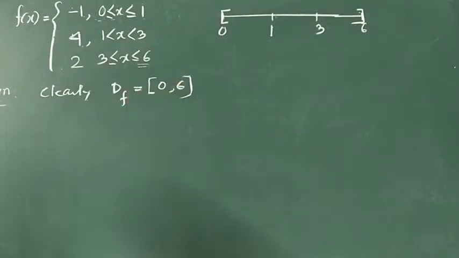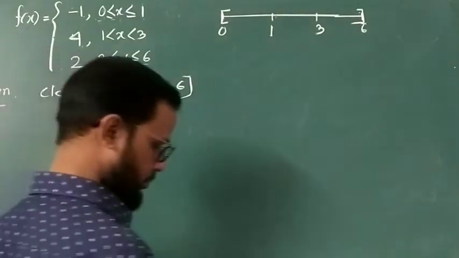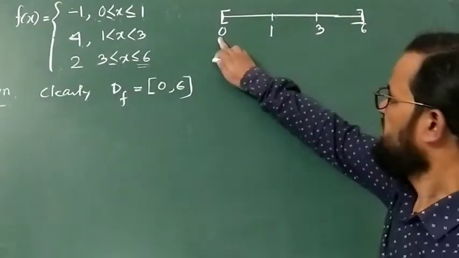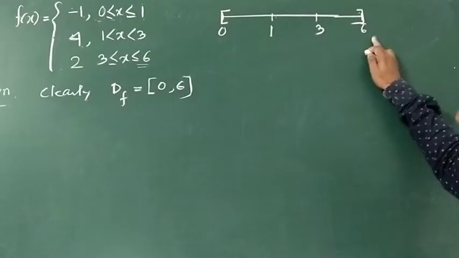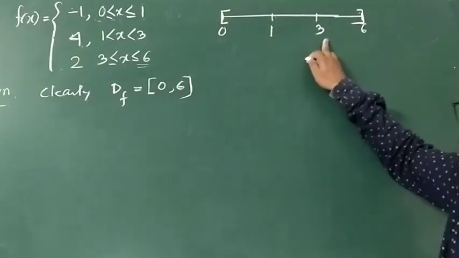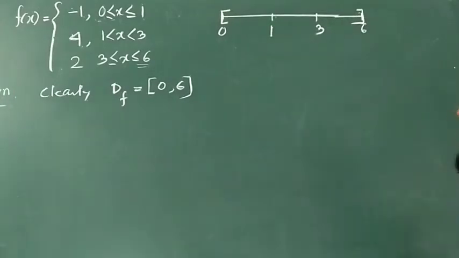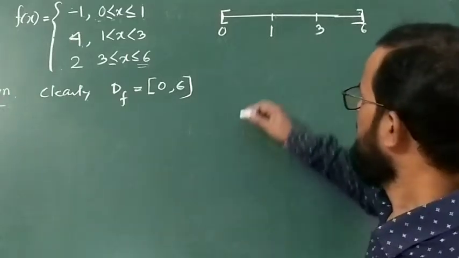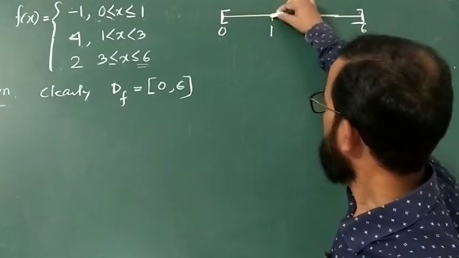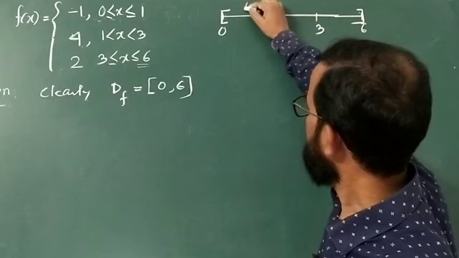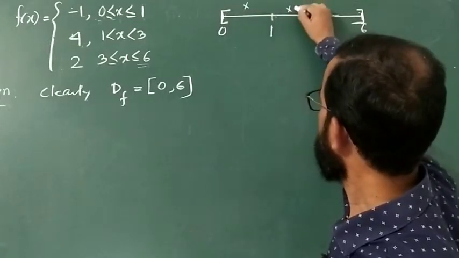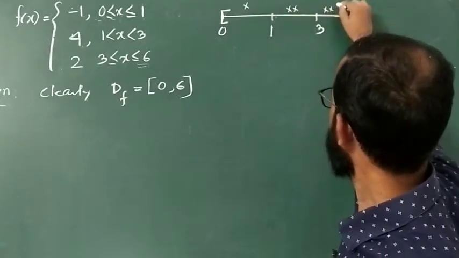So, in this closed interval में आपका क्या क्या points दिया गया है? 0 point and 6 and 1 and 3. Okay, there are 4 particular points, and at the same time, there are many points between 0 and 1. So this is one general case. This is another general case. This is another general case.